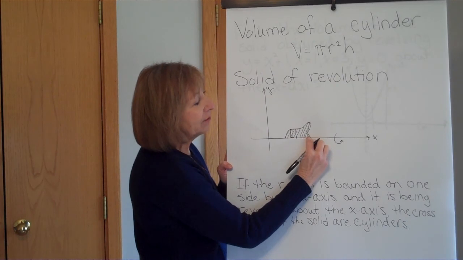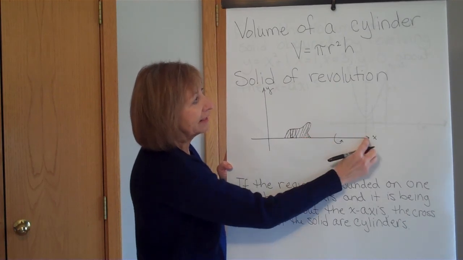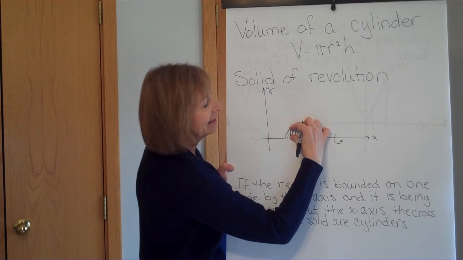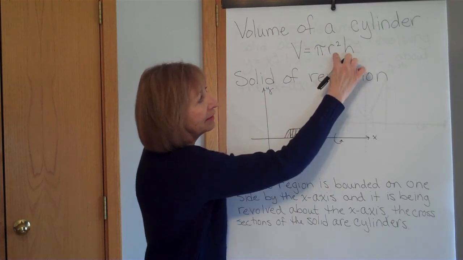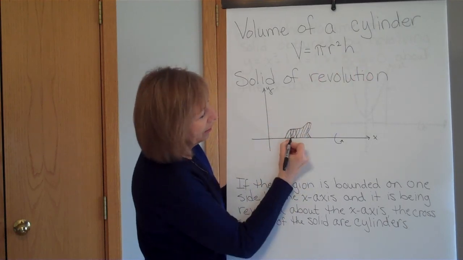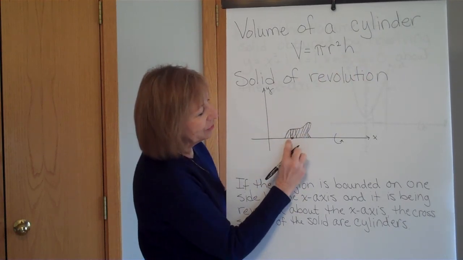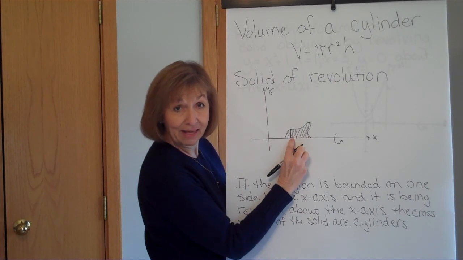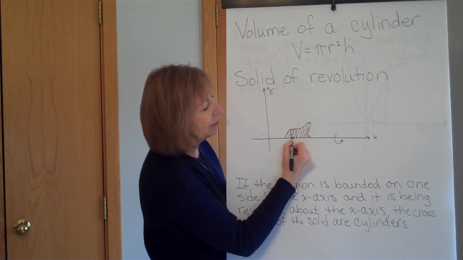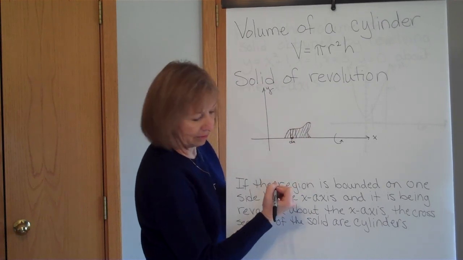So for these that are tied along the x-axis and spun around the x-axis, I'm going to have my radius squared and then pi for the volume. What about the h part? Well, the h part is just the thickness of that little subrectangle that I spun around, and that's just your dx.